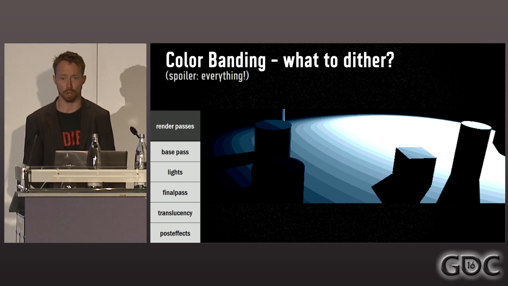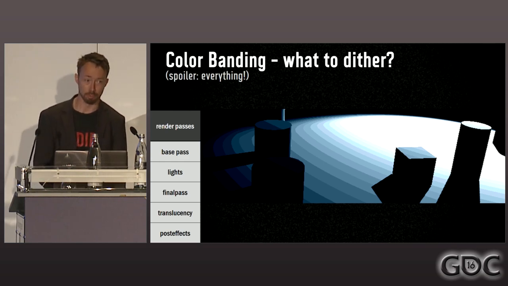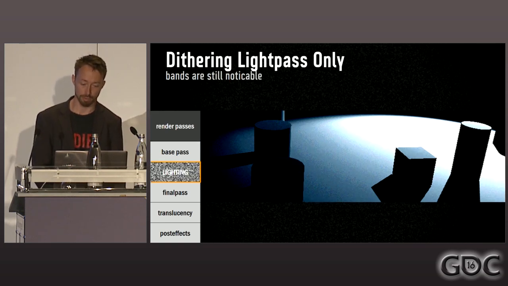All right, so now that we know how to dither an output, we should think about what to dither. This is an example of a single spotlight that shines a very banded light onto the scene. Of course, the first thing we do is dither the lighting pass. If we do that, then it looks like this, and that's already a lot better.